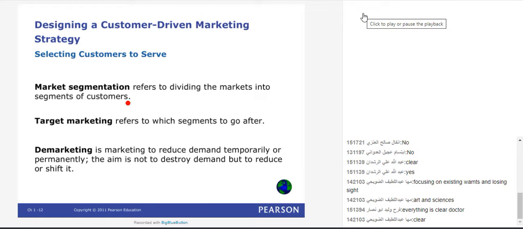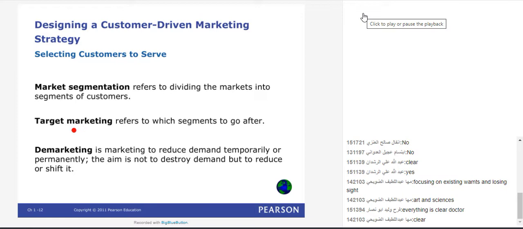Nivea cream divides the market into men and women. يعني we have lots of divisions. This is the simplest definition, dividing the markets into segments of customers.